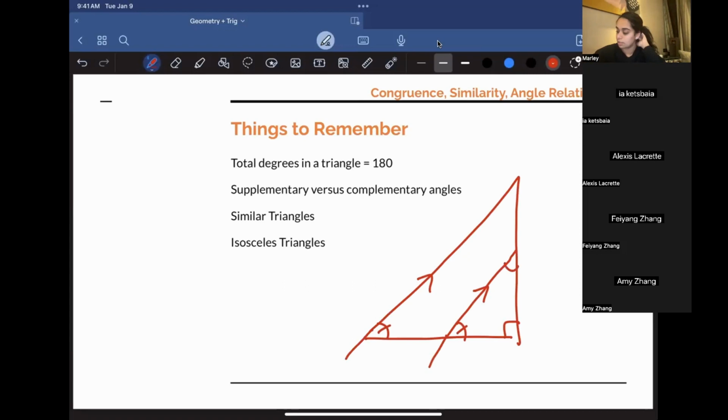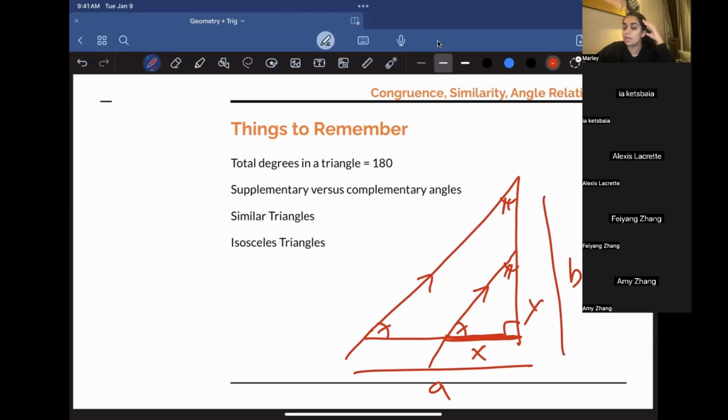And these are also equal angles because of the parallel lines. And so what that means is that the length of x over y would be equivalent to the length of, let's call this a over b, because they share angles and because they're proportionate.